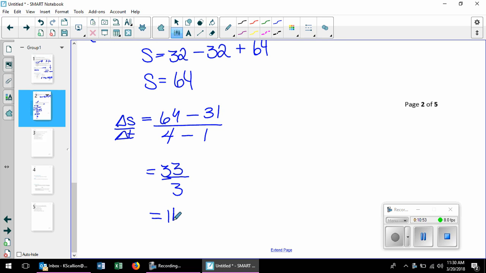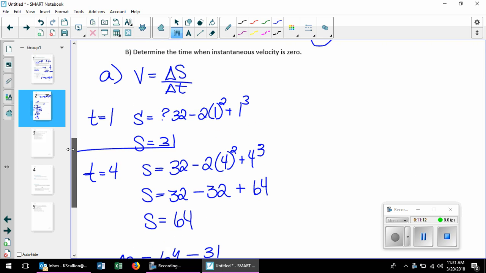Okay. All right. So you find average velocity by just finding the slope. See, physics is easy. It really is.